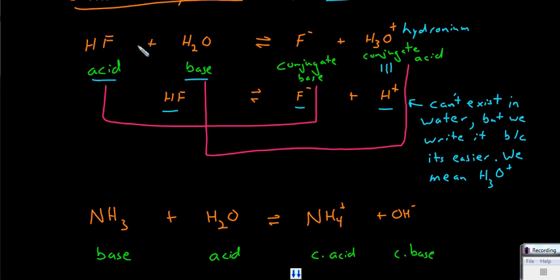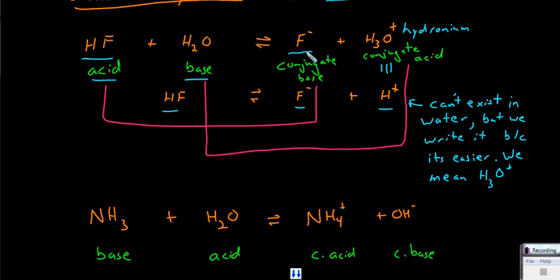Now, this reaction involved an acid reacting with a base, and it produced a base and an acid. You see that this acid acted as an acid, and it left fluoride, which can act as a base if it reacts in the reverse direction. Being that hydrofluoric acid is a weak acid, the reaction has some established equilibrium.